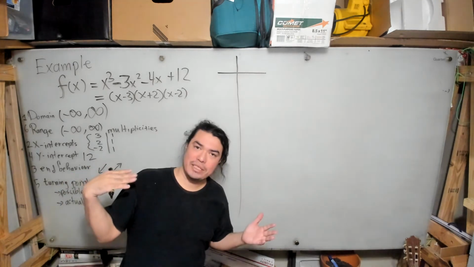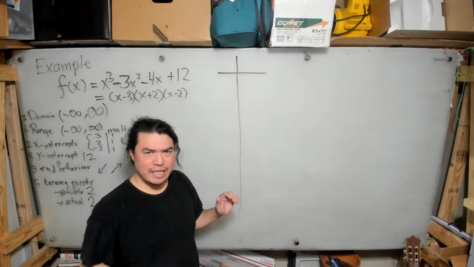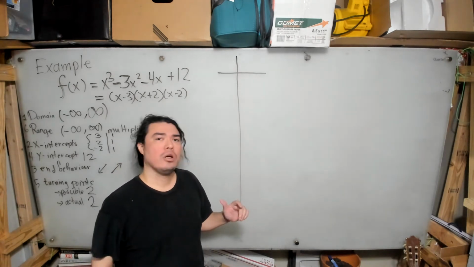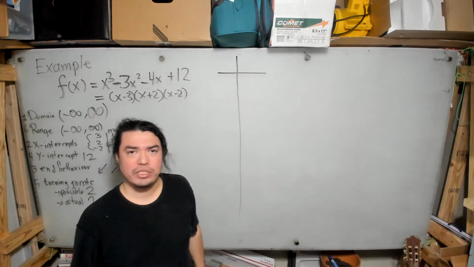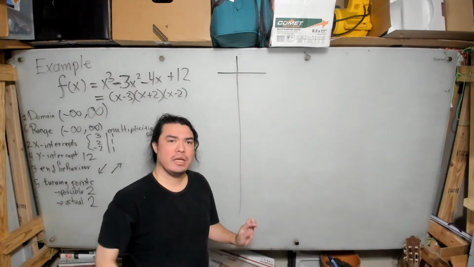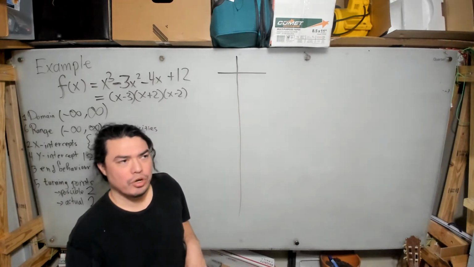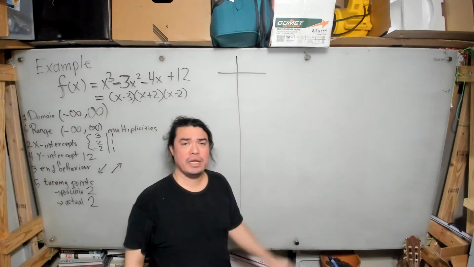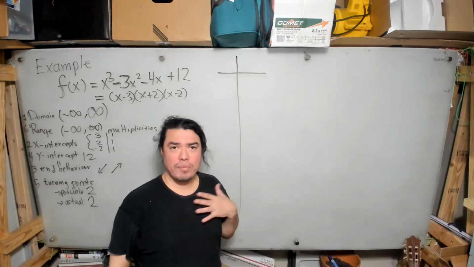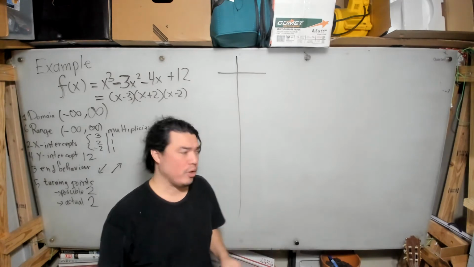As we saw, the multiplicity of a root tells us whether the graph bounces at that intercept or whether it crosses. We can see where it crosses the y-axis using the y-intercept. We can see the end behavior from the leading coefficient test. But how high the graph goes and stuff like that, we're going to learn how to do in calculus later on. So for our purposes, what we can do to get a feel for that is by plotting a few points.